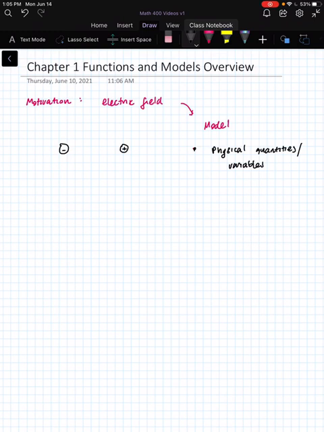So in our case here, what we're talking about is the particles themselves that possess electric charge, Q, and in terms of field, because field is action at a distance, we're going to be talking about distance from the charges, R. And ultimately what relates these physical quantities and variables is a function.